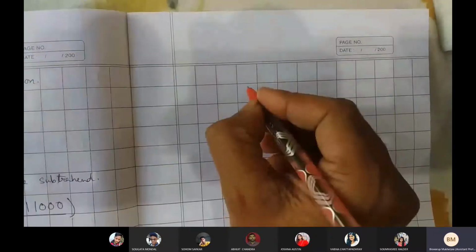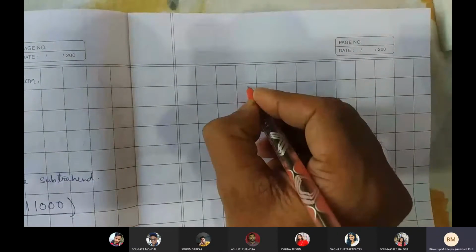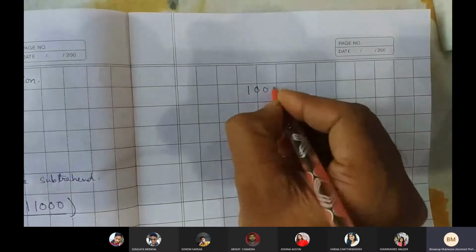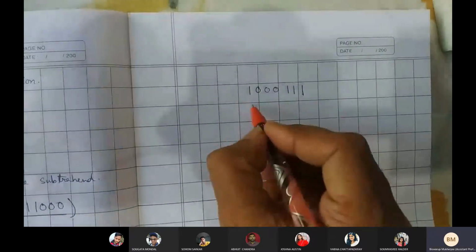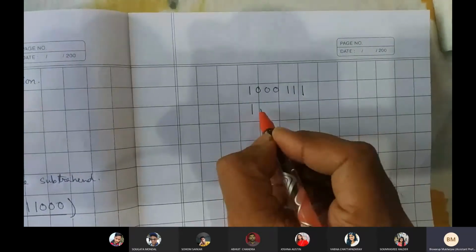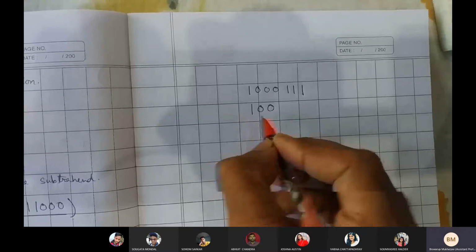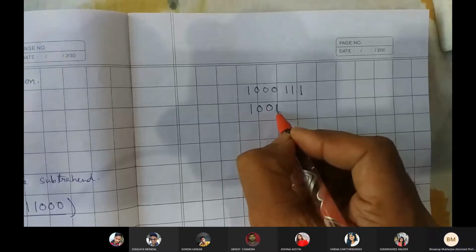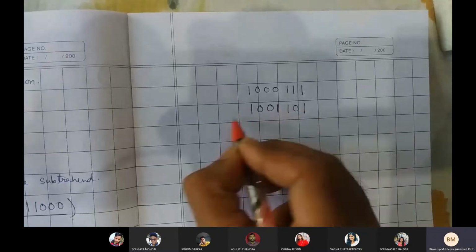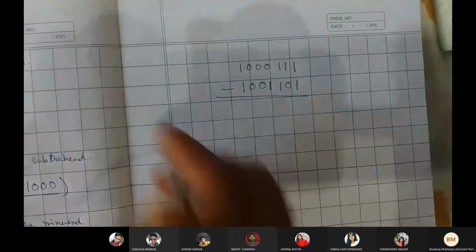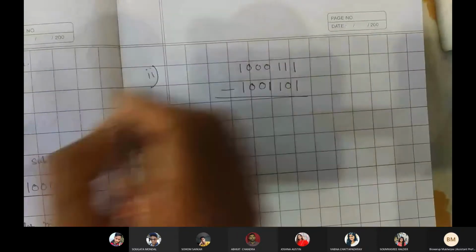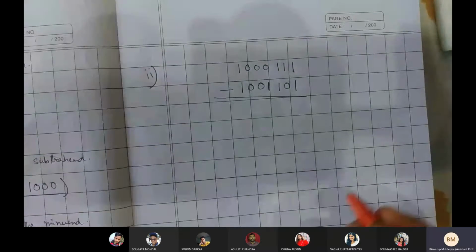Like this, maybe. Now we are having the numbers maybe 1000111, and then the next number is 1001101. Let's go back to this one. Again, the same job.